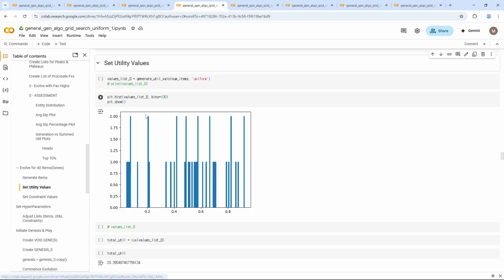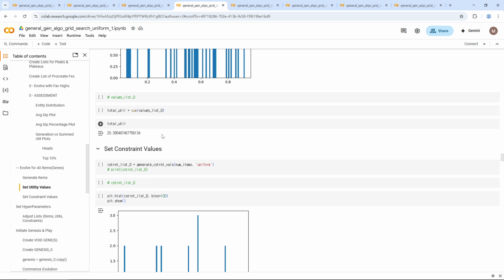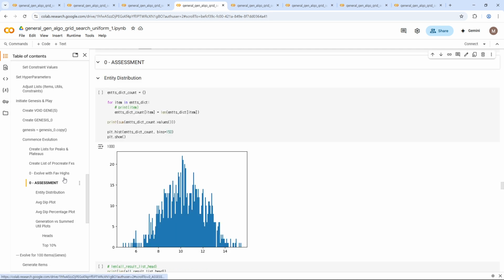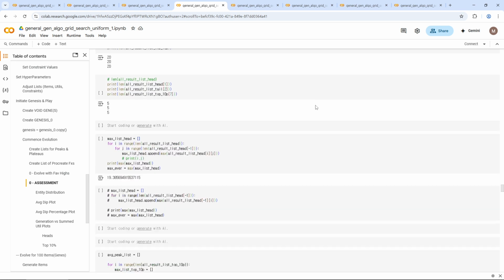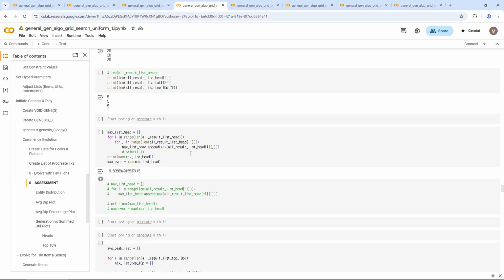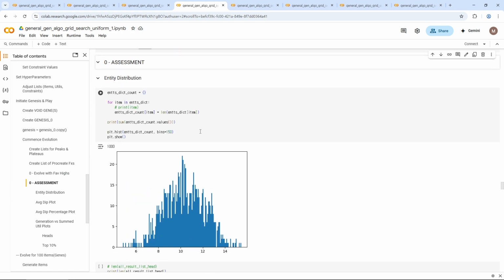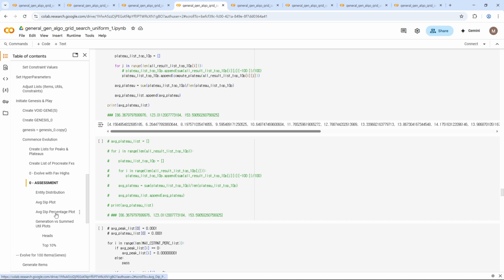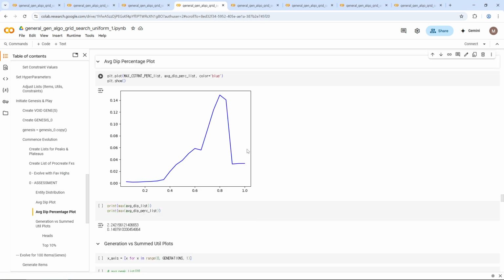So 40 items, generate the 40 items, calculate the total sum of utility values, total sum of constraint values, and run the evolution. Yeah. What was the maximum ever value? 19.38. Average dip percentage plot, as usual.